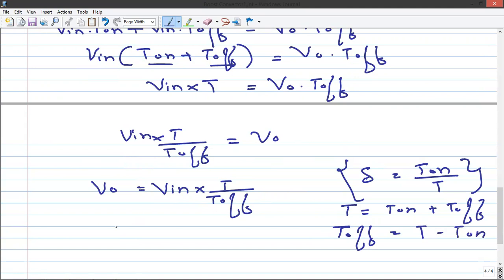Substituting, V out is equal to V input into T divided by T minus T on.